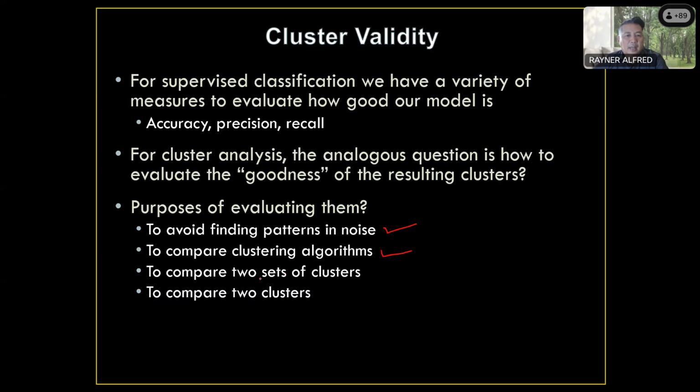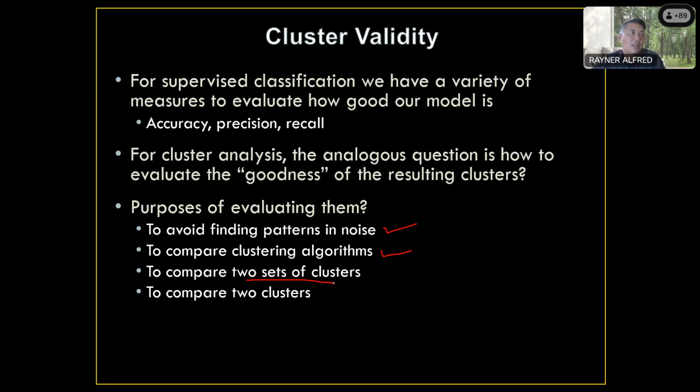Okay? And we could also use cluster validity to compare two sets of clusters. Because every time we want to find the best cluster for k equal to 3, we need to run a few times, right? So how do we compare these two sets of clusters?